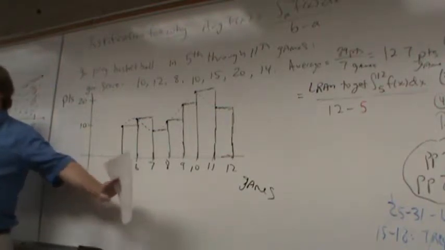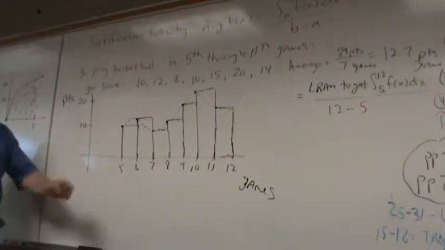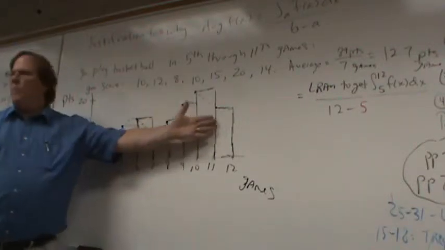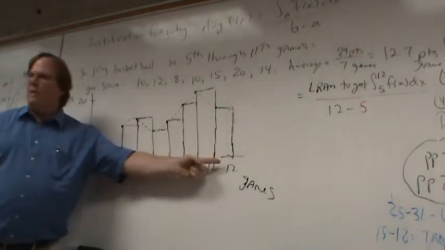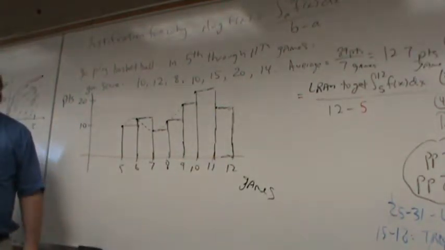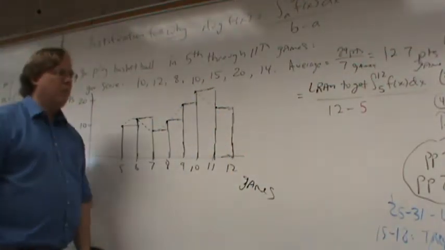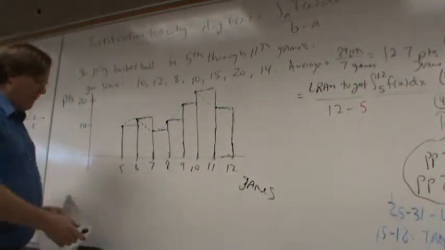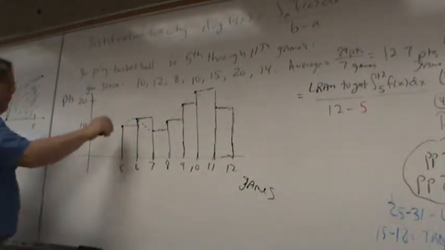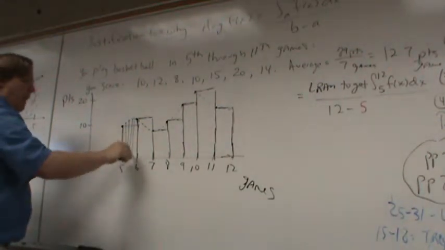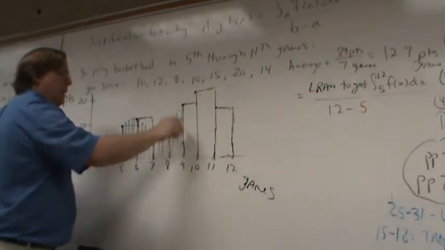So I want you to see that whenever you get the average value of a bunch of numbers, all you're actually doing is estimating the area under a curve and then dividing by the interval that the curve is graphed under. That's what you do every time you get the average of a bunch of numbers. And so what happens if instead of 7 games, you played 700 games, or 7,000 games, or 7 billion games?